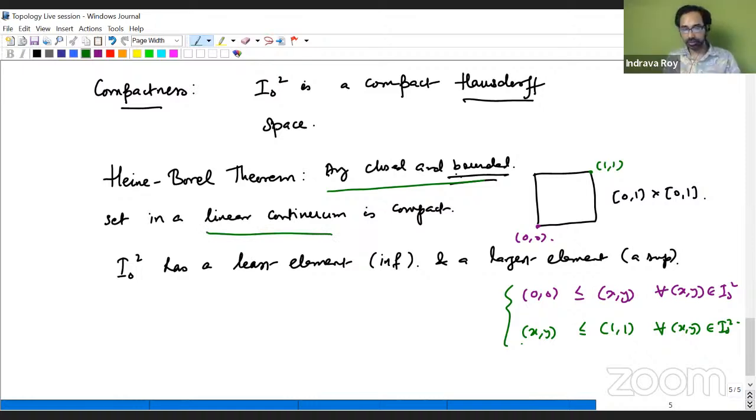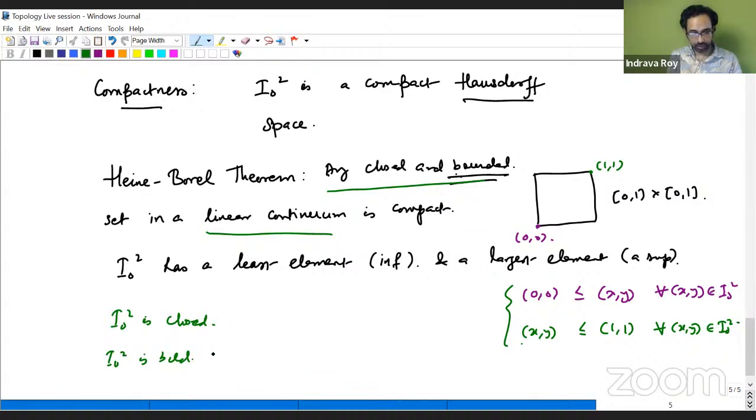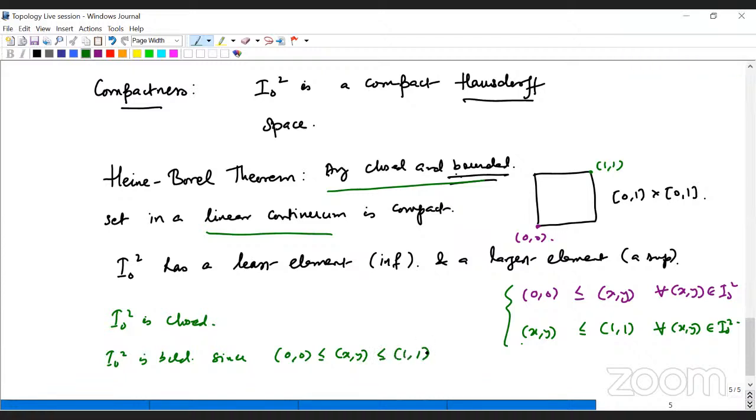So the Heine-Borel theorem says that any closed and bounded set in a linear continuum is compact. Of course, I0 square is closed, right? Because the complement is the empty set, which is open. So I0 square is closed, and it is bounded since we have (0,0) less than or equal to (x,y) less than or equal to (1,1).